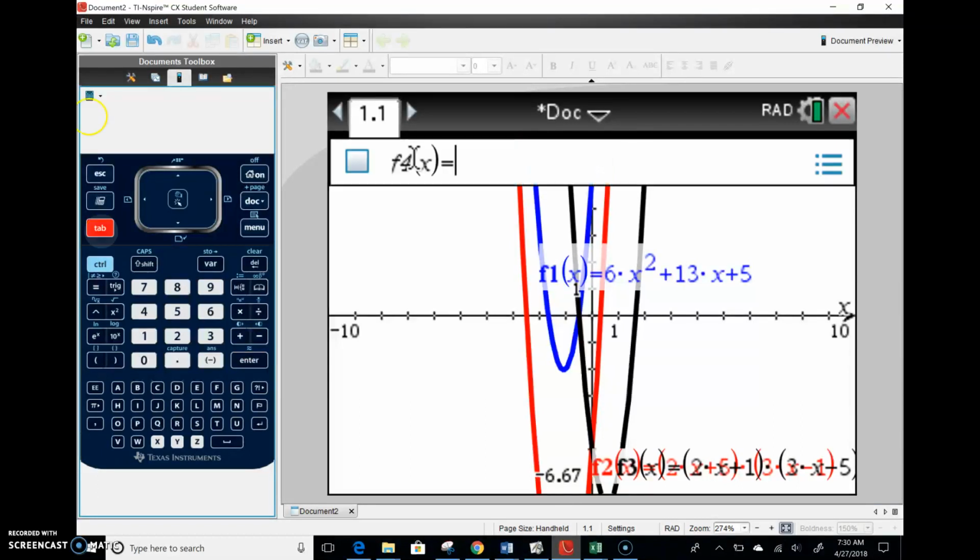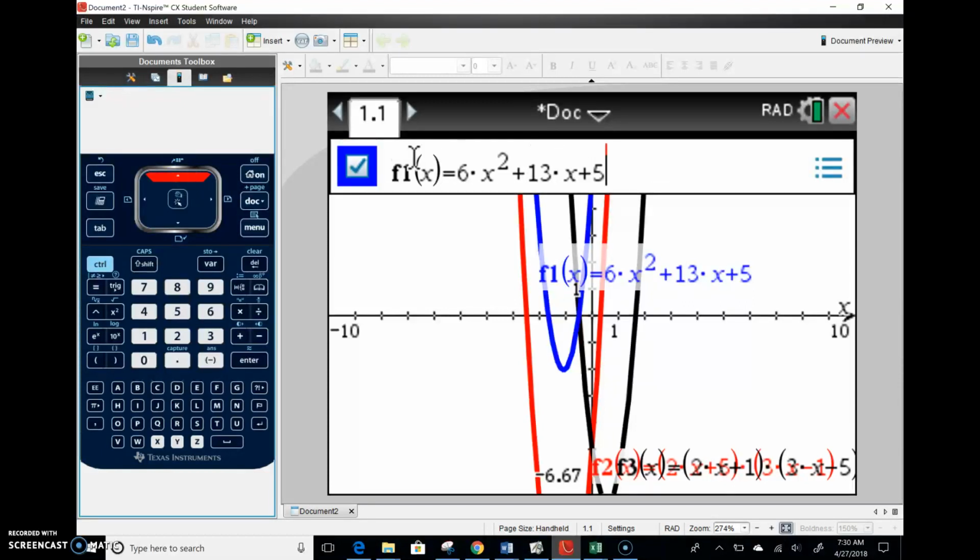That's what I did. Mr. Lee, you gotta type in the right thing. 2x plus 1, 3x plus 5. Did I type in the original question correct? 6x squared plus 13x plus 5.